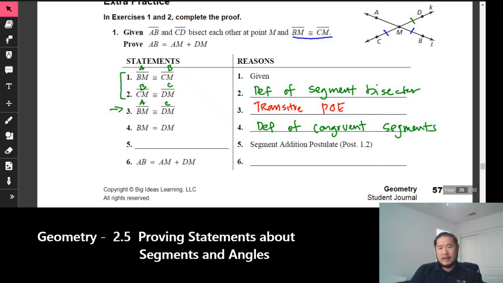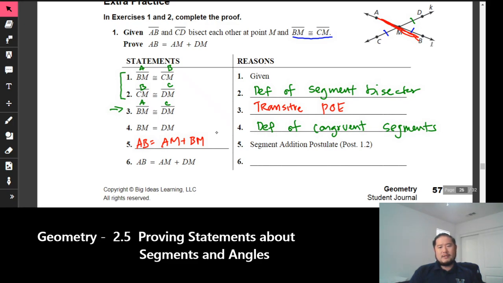I'll go ahead and mark that in red right here, A to B. So what I could say right here is that AB is equal to the two segments that make up AB, which would be AM plus BM. That right there is segment addition postulate, right? You take two small segments, you combine them together to come up with the whole thing. There you have number 5.